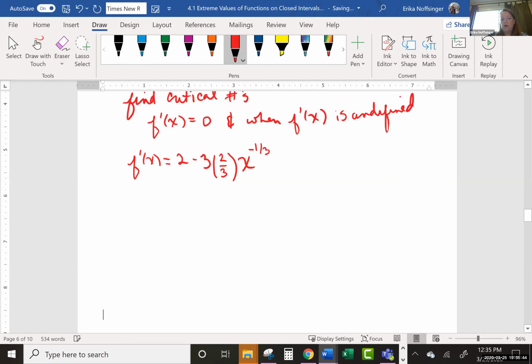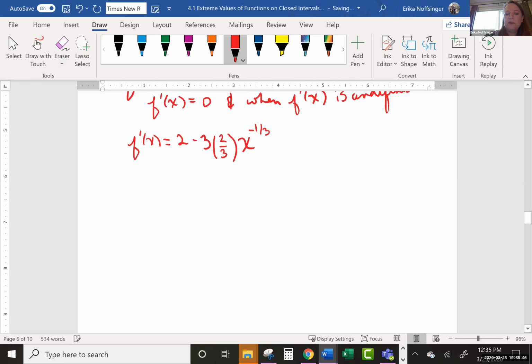So we want to look at when this is equal to 0. I'm going to rewrite this a little bit when I'm setting this equal to 0. So I have 2 minus, well, notice my 3s cancel, so I'm left with minus 2 all over x to the 1/3 power, so let's write it with a positive exponent. I'm just going to rewrite it as a radical, so this is really the cubed root of x.